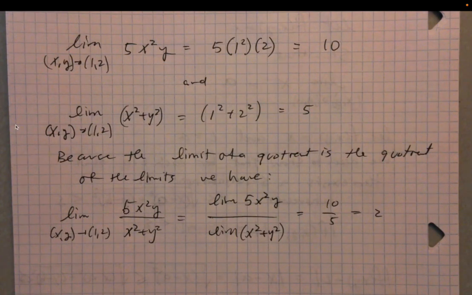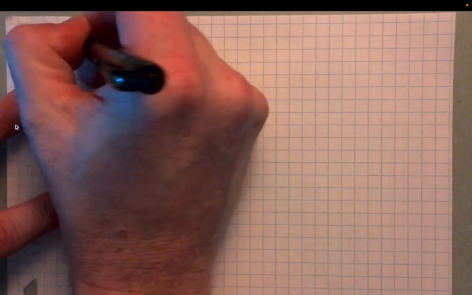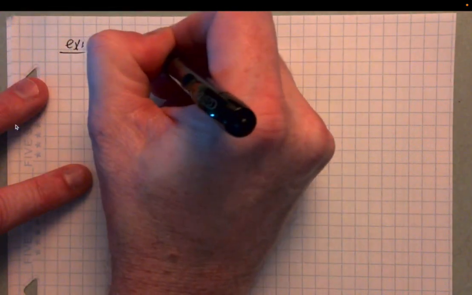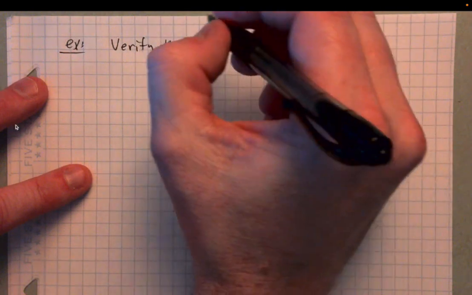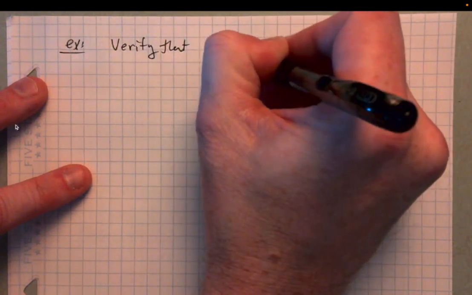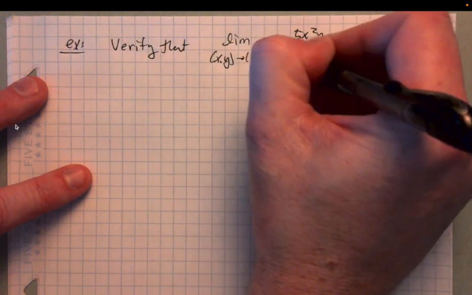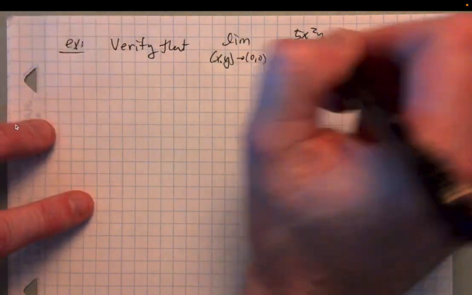Okay, so let's do another kind of proofy example. The first one was very simple. Let's take a look at this one. We're going to use the same function as the previous example, but here we're going to verify that the limit as (x,y) approaches (0,0) of 5x squared y over x squared plus y squared is equal to 0.